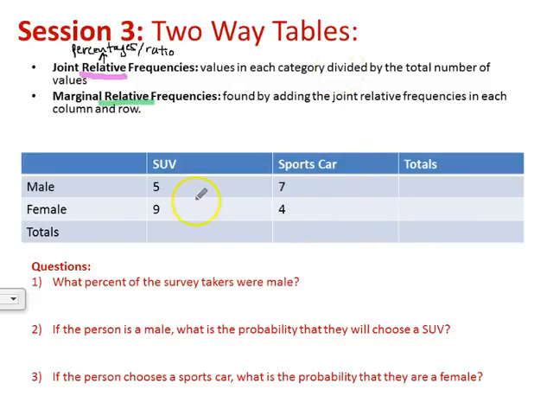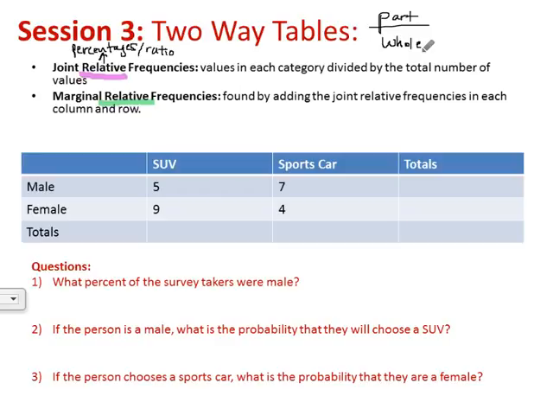So relative is going to allow us to see the ratios or percentages of each entry. So to find percentages or ratios, we know it's part of a whole. That's what a ratio is, and a percentage is part of a whole. So we're going to find the percentage and decimal, because we can go from a fraction to a decimal to a percentage. So we're going to find the relative frequencies of each entry, starting with the joint relative frequencies.